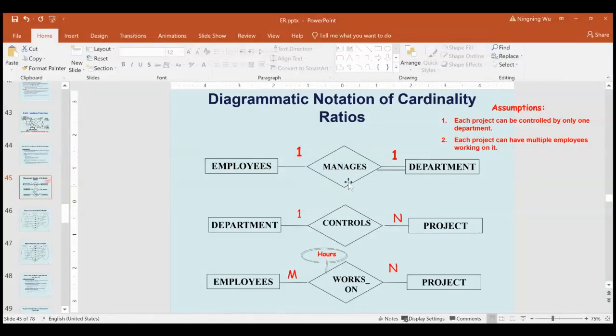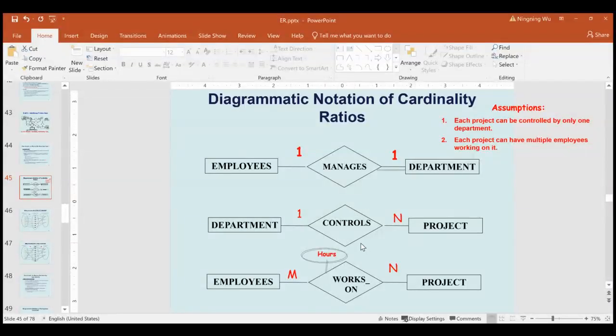So this indicates that a department can be managed by at most one employee. So the semantics here means that a department can have only one manager, and given an employee, she or he can only manage one department, no more than one.